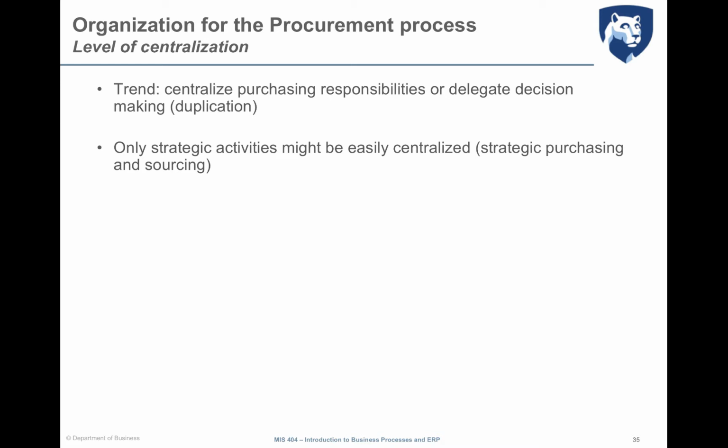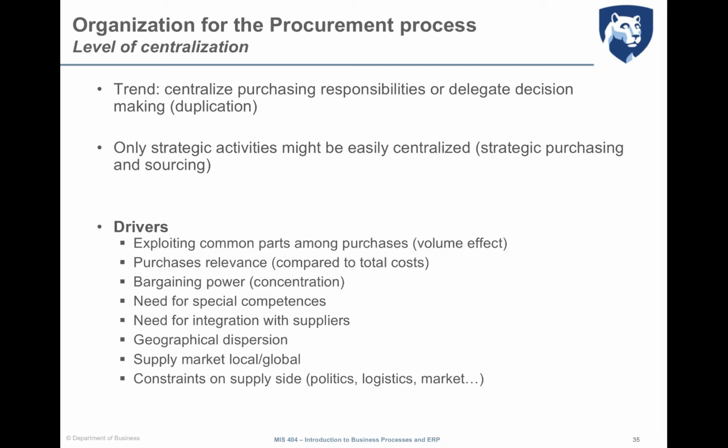Usually companies today tend to centralize strategic activities in order to gain coherence in their execution, and delegate sourcing, or especially supply activities, to the local area because they can be executed more efficiently at local level. But there are certain drivers that can be considered in order to understand if it is more suitable to centralize or decentralize activities.